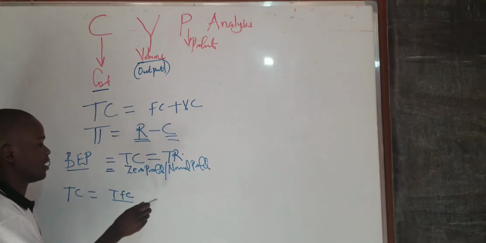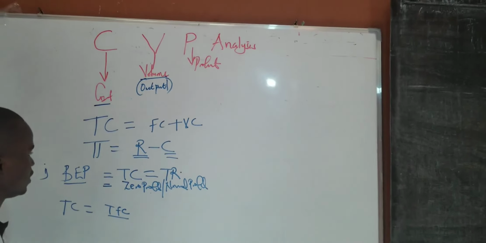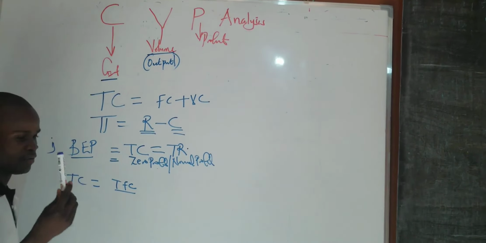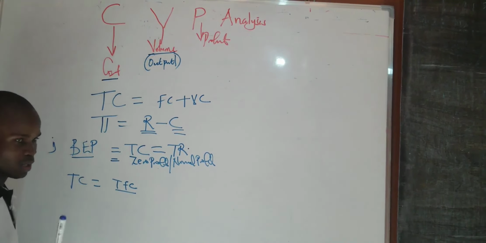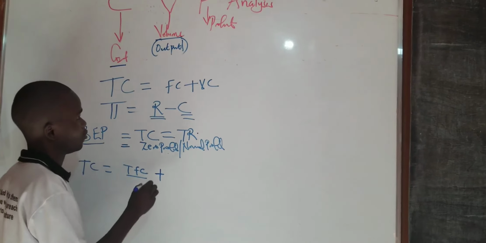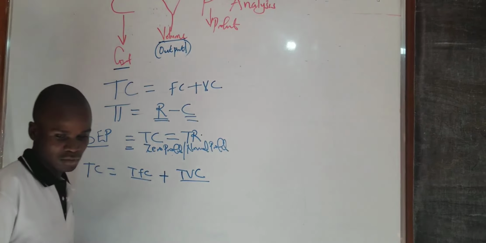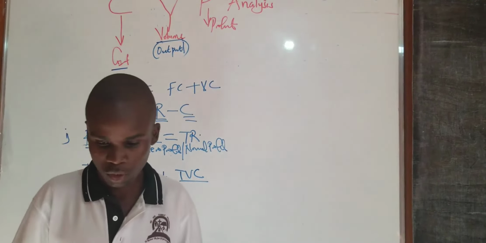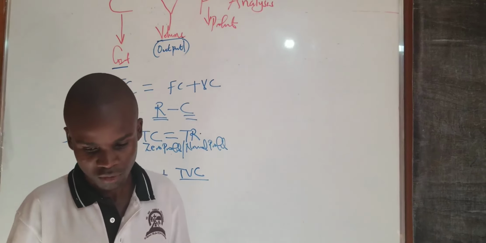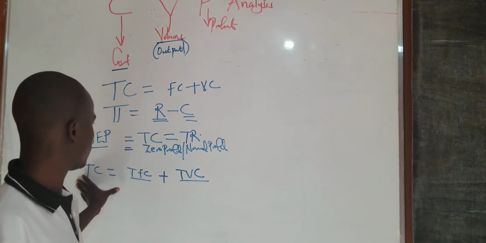For example, this whiteboard is a fixed cost. It does not change with the level of output, but a marker is a variable. It changes. The more you write, the more markers you'll need. So, plus total variable costs, which are costs that change with the change in the level of output produced. This is the meaning of total cost.